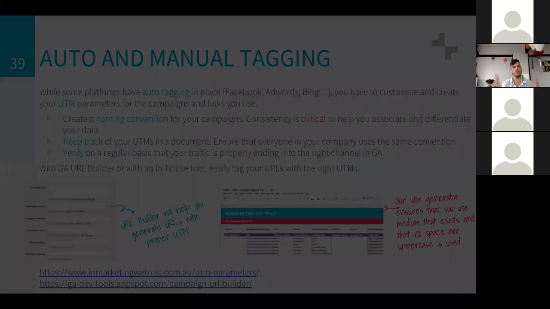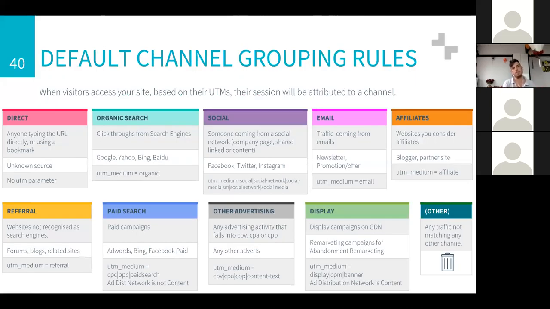So how it will work is, based on your UTMs, analytics will put your traffic in one of these 9 default channel groups. It will be done in order. So we start with direct. If you don't have any UTM, we will consider it as direct traffic.